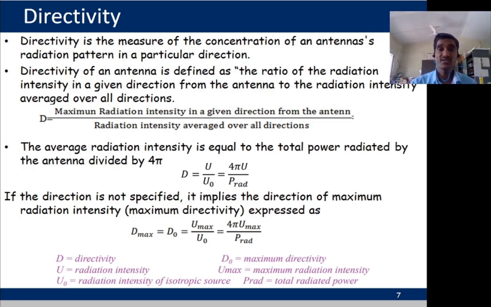So directivity is related only to the concentration of energy. In more detail, the directivity of the antenna is defined as the ratio of radiation intensity in a given direction from the antenna to the radiation intensity averaged over all directions. Mathematically, D = 4πU / P_rad, where P_rad is the total radiated power and 4π is the solid angle of the sphere.